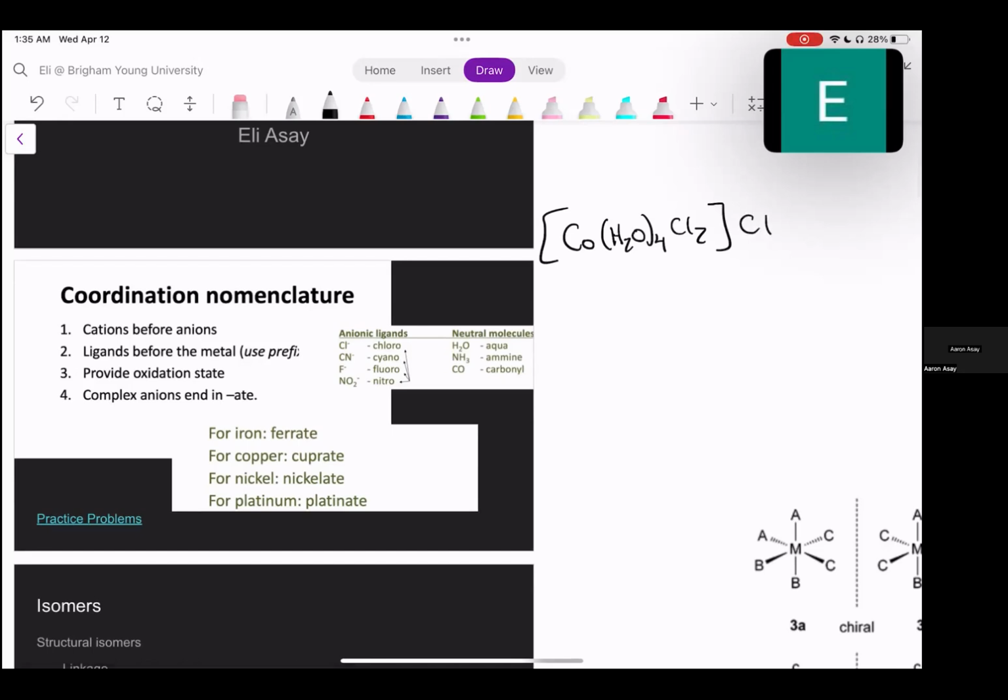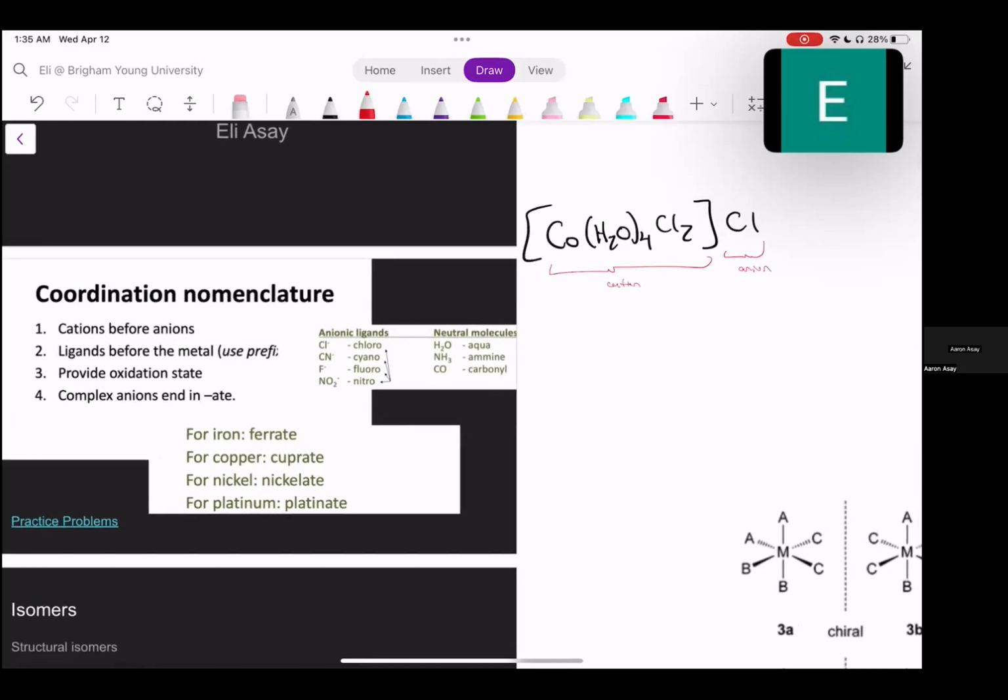Okay, so the first thing that you guys should notice is that this is going to be a cation, and this is your anion. So that's how we're splitting it up. Cation is first, anion is second.